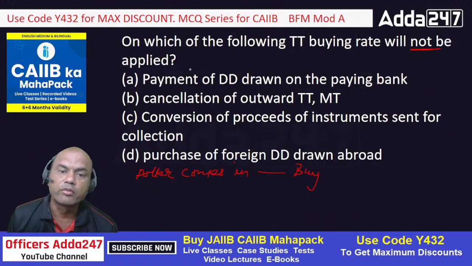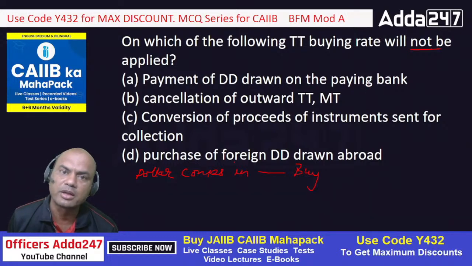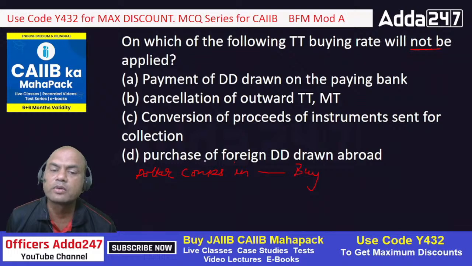Now what are these cases? Payment of DD drawn on the paying bank. This is a simple case: it can be a rupee DD drawn on the paying bank, and that DD is presented to me. Where is the forex involved over here? So TT buying is not involved.